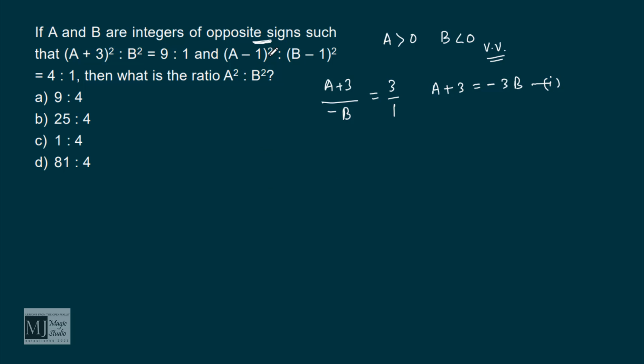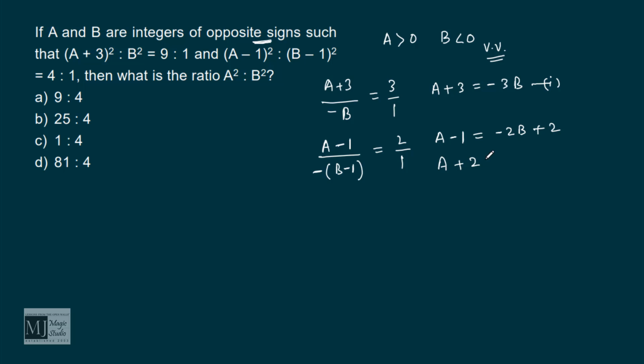Next, (A minus 1) whole square is to (B minus 1) whole square is 4:1. So (A minus 1) by minus of (B minus 1) equals 2 by 1. Again calculated subduplicate ratio. So now we have A minus 1 equals minus 2B plus 2.